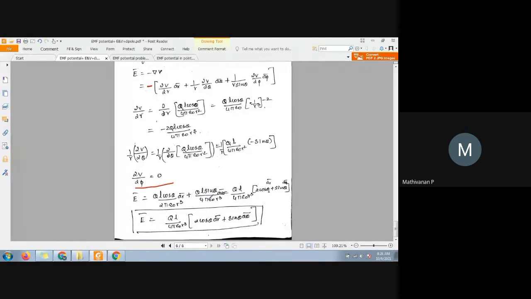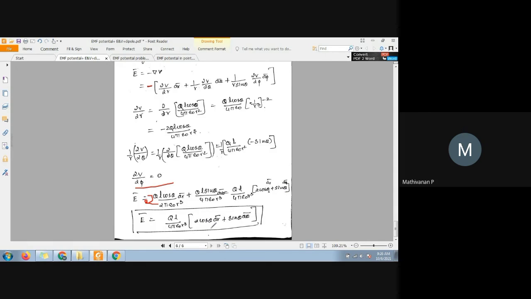From these two, take the common term: QL divided by 4 pi epsilon naught r cube is common. What is left out is the 2, so I have to represent this 2. Remember that: 2 cos theta AR vector, sin theta A theta vector. So this is to be written.